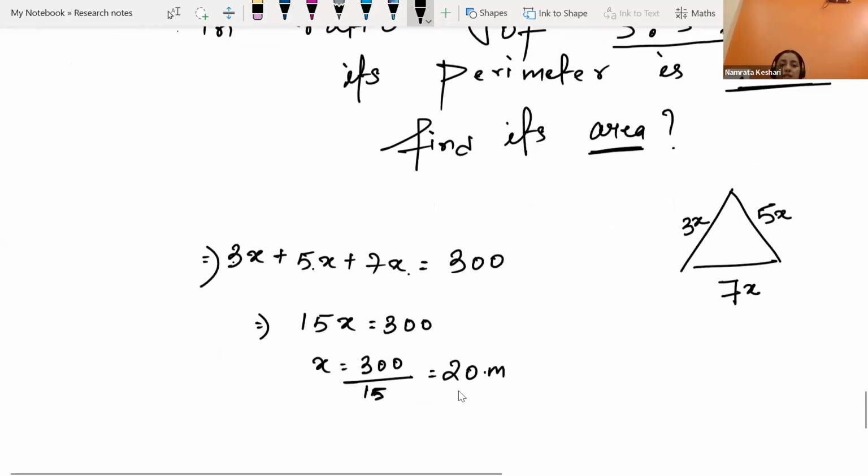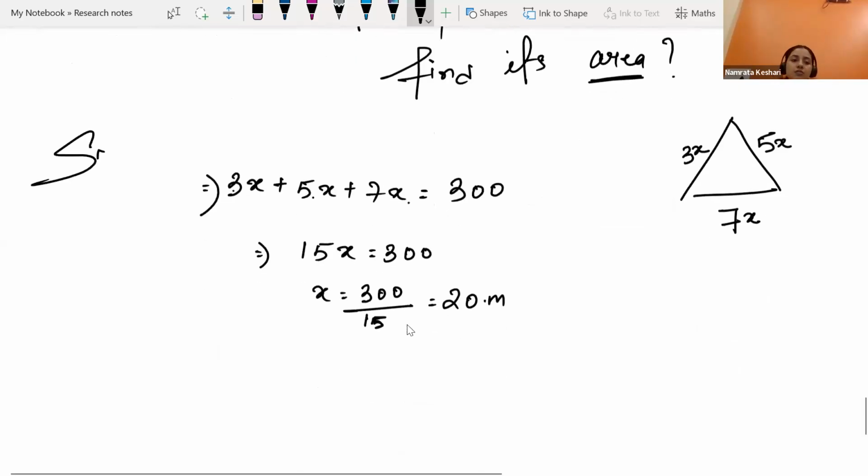Now since we got x as 20 meter, this is the solution step. Usually, Bharti, we represent the sides of any triangle in this chapter by the alphabets small a, small b, small c. You can take any one of the sides as a, another side as b, and the third side as c.